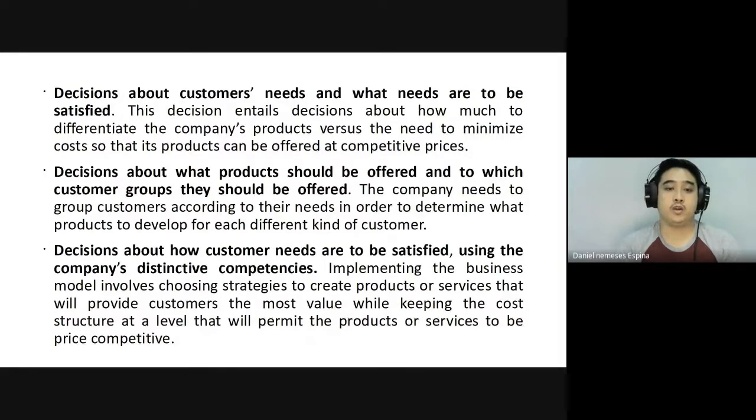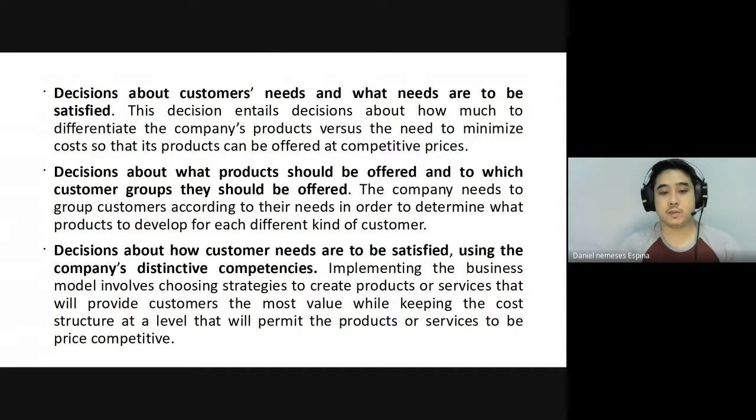So you have to design your food to be affordable for students. Okay? And if you're catering to high-end customers, it's the same, the pricing is part of the decision. So which products should we offer and what is our target market.